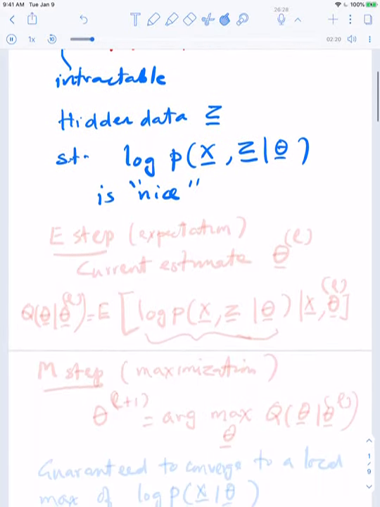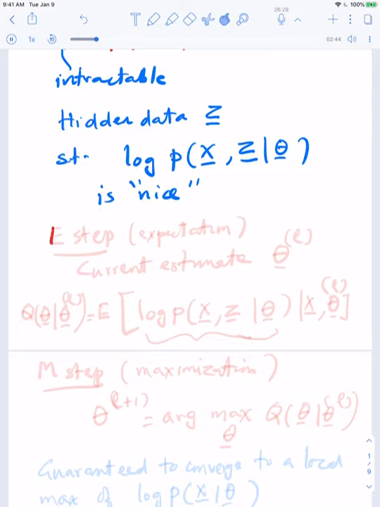Basically, it should be nice enough that you can do some averaging. So let me just state the algorithm, and then we'll talk about what nice means. Just like many of the algorithms we have seen already, k-means and then the Gaussian mixture parameter estimation algorithms, the EM algorithm is an alternating algorithm, and it's got two steps that we alternate between.